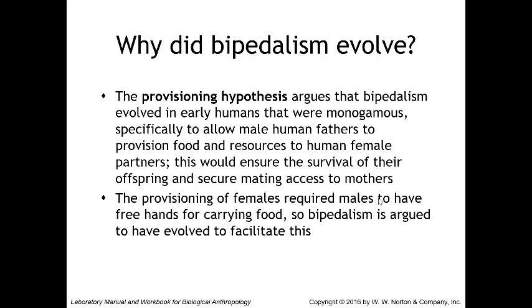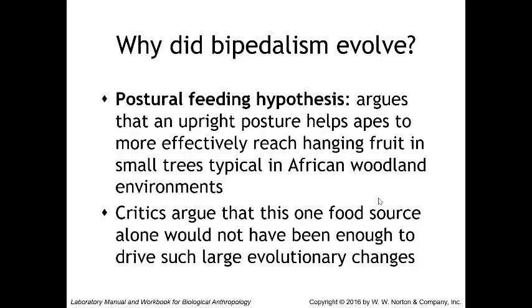So, in the final example, the final theory, we have the postural feeding hypothesis that was presented by Kevin Hunt and is also based on the feeding benefits of bipedalism, although it does not assume provisioning or particular social relationships. The postural feeding hypothesis argues that an upright posture helps apes to more efficiently reach hanging fruit in small trees typical in African woodland environments.